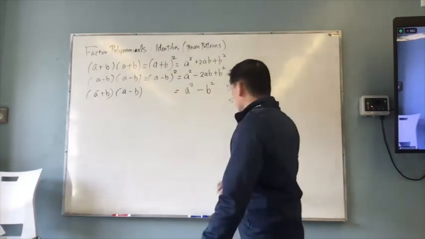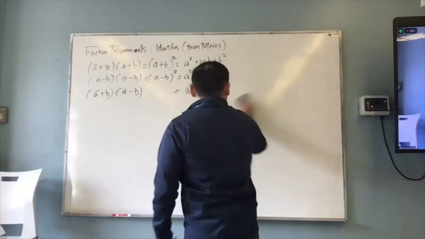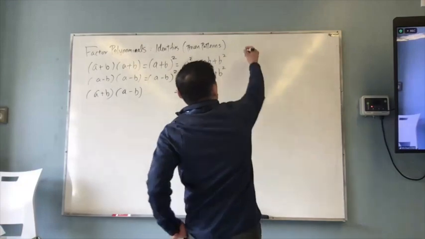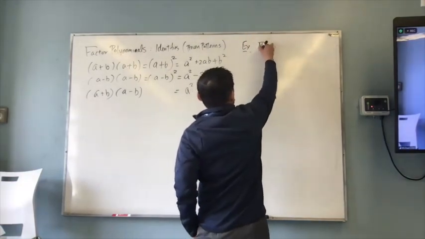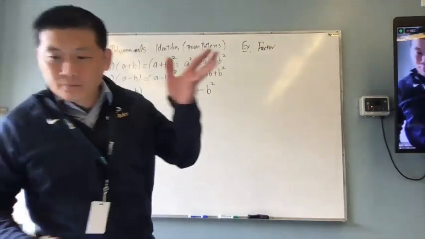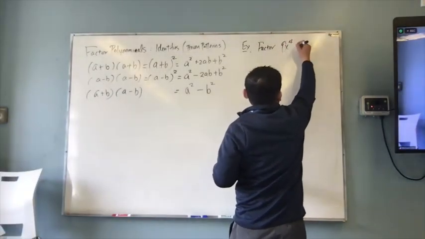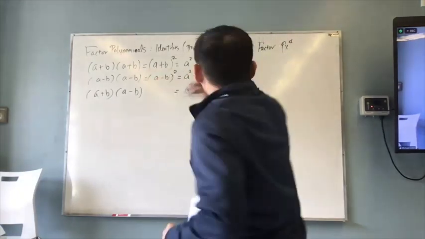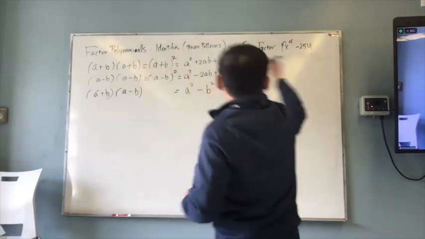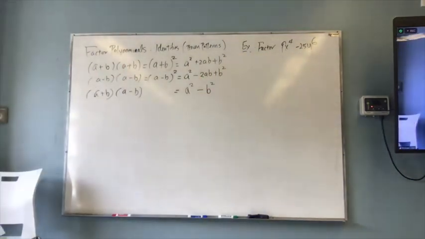Let me give you an example on the side here. Example: factor 9x to the 4th power minus 25y to the 6th power.